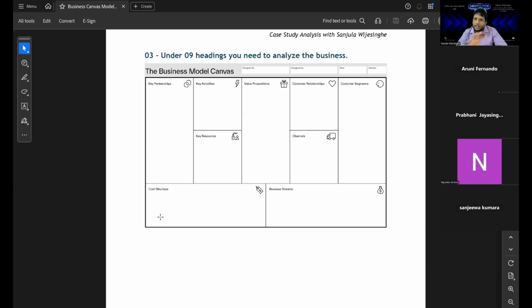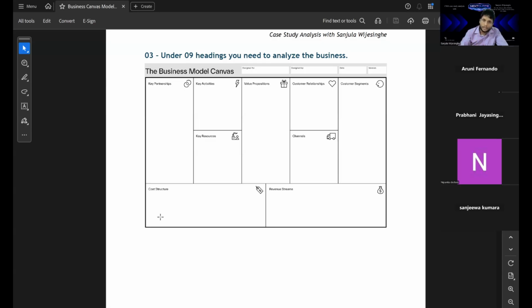After identifying the strategic alignment, as I told earlier, you need to identify what are the issues and risks in the business. First you identify the business model, then the strengths and weaknesses, then you see the strategic alignment with these 9 areas.